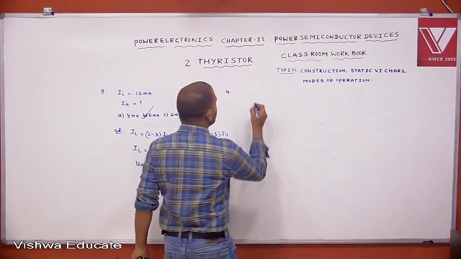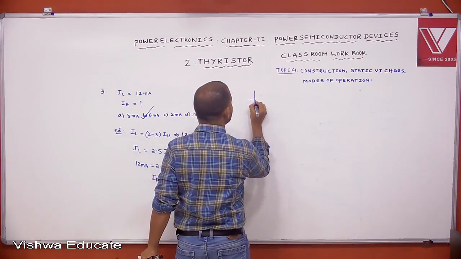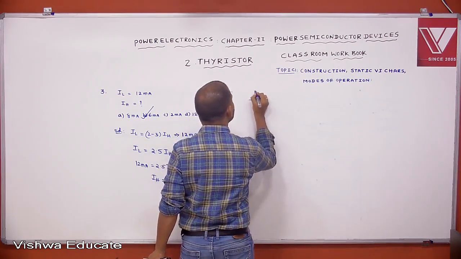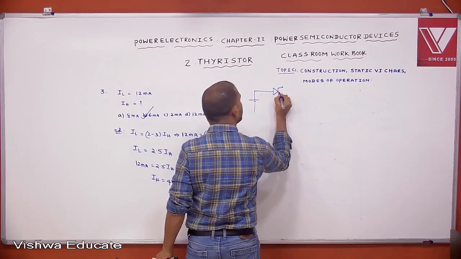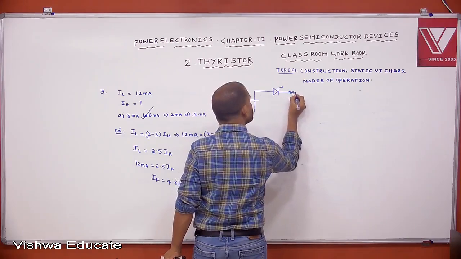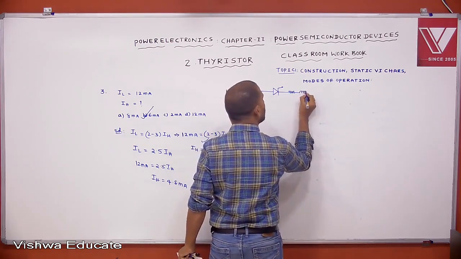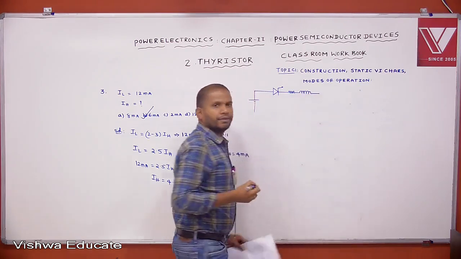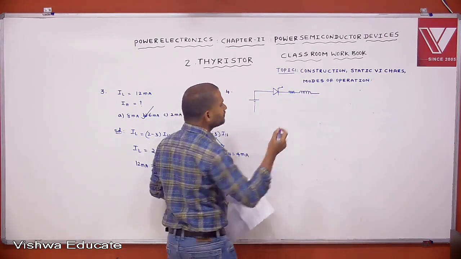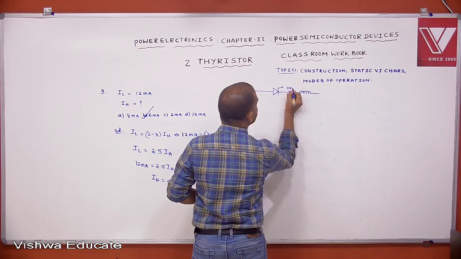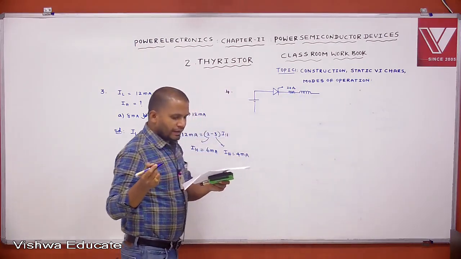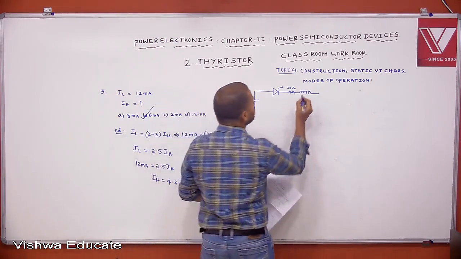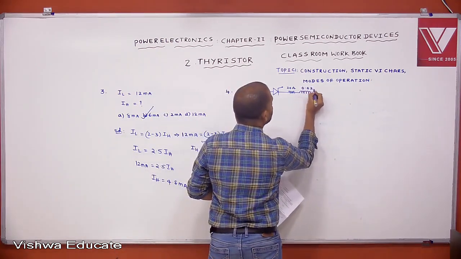This is the given circuit. This is resistance and this is inductance. What is the resistance given? This is 20 ohms. What inductance is given? That is 0.02 Henry.